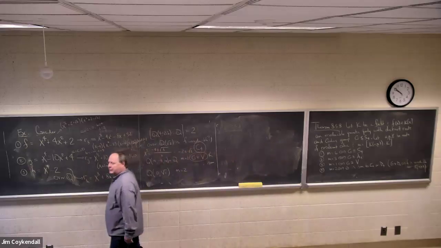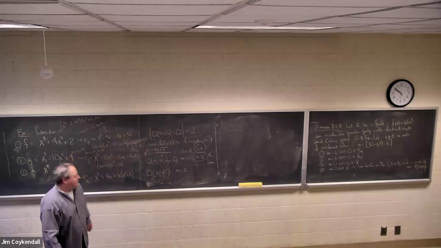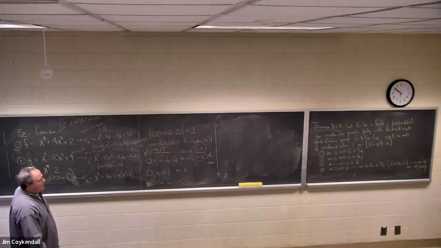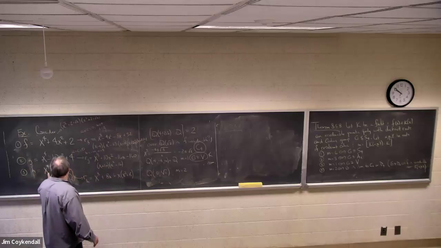So once again, here m is 2, so we have to make a decision on whether it's cyclic or whether it's dihedral. So what do we have to do? We have to look back at F here.